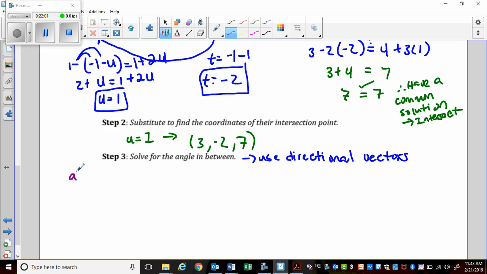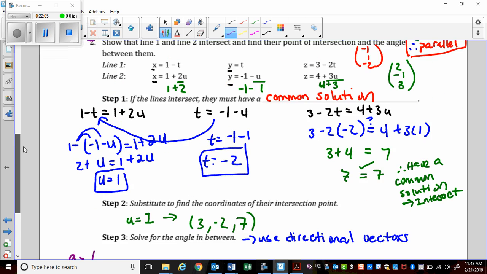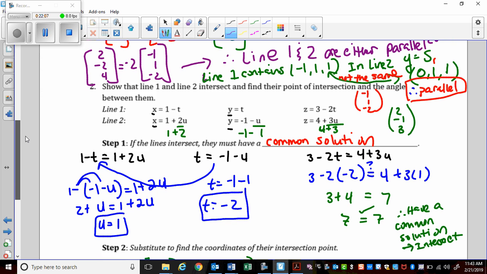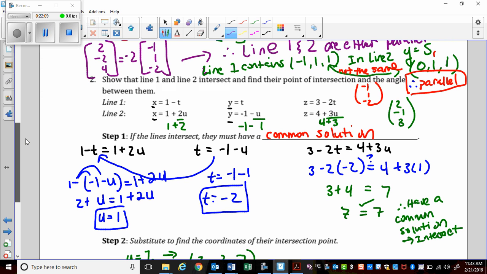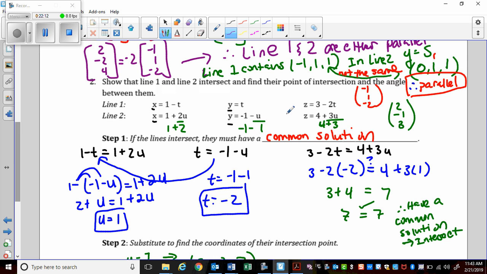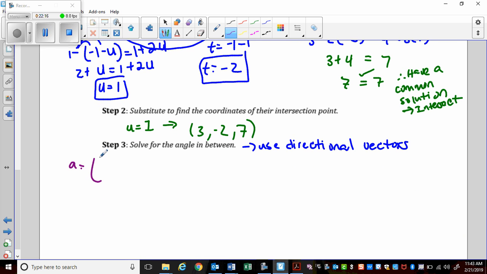So I know my directional vector for A is, I think I wrote it on top, negative 1, 1, negative 2, and B is 2, negative 1, 3. Right? We found them before. I'm just going to write them down so I remember. So A is negative 1, 1, and negative 2, I think. And B equals 2, negative 1, and 3. Tell me if I'm wrong.